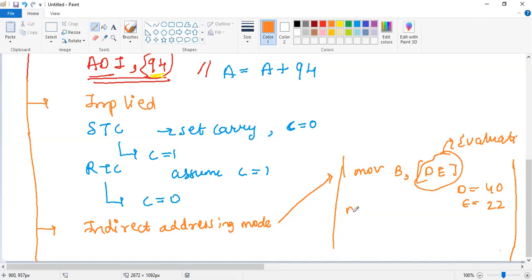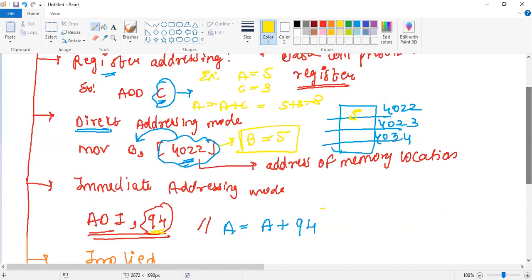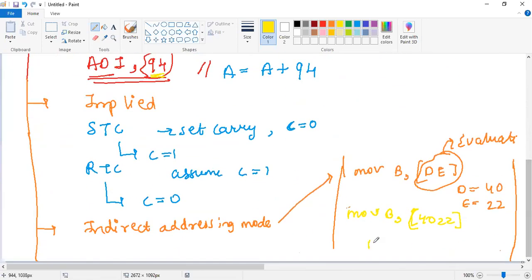Then it will become MOV B, comma, where D means 40 and E means 22. So the data will be moved from this location. The location is 4022 and the content is 5. So B = 5.